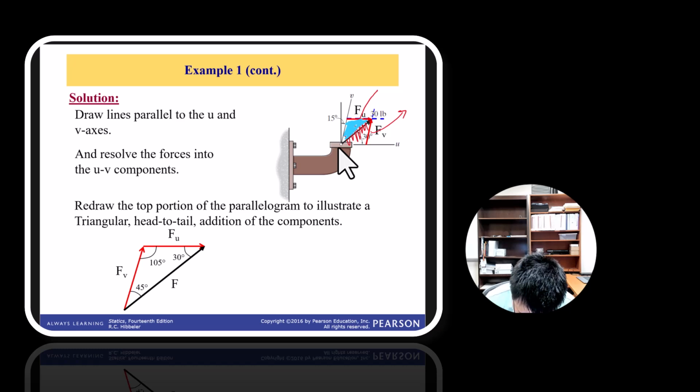You can see here is the Fv component, here is the Fu component. We also know the angles of this triangle. This angle is 45, this angle is 30, and therefore the other angle will be 105.